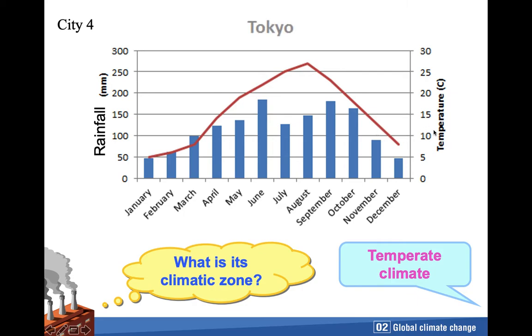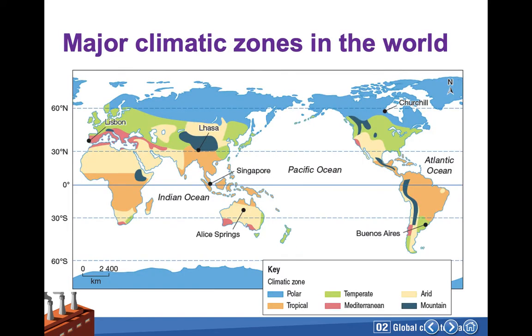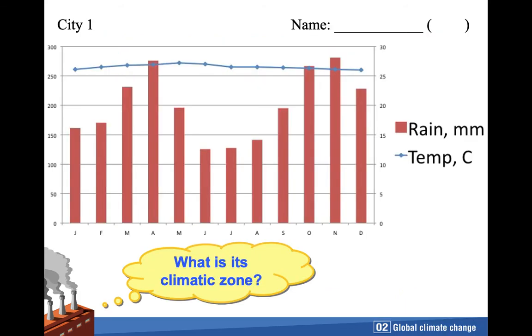But in the summertime they do not have a very hot summer but a mild summer, around 26 to 27 degrees Celsius. So this is the example of Tokyo. I think most of you have been to these places before in Japan for traveling.